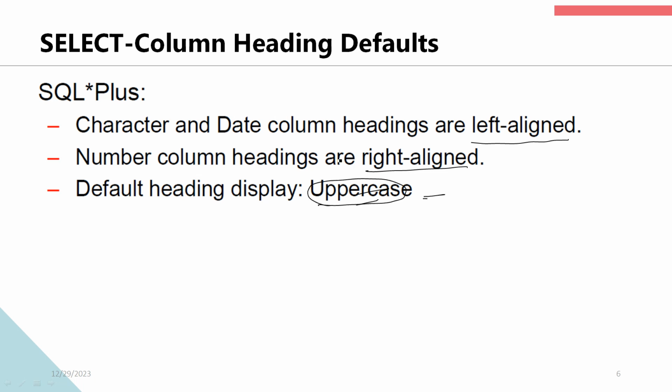You can change this default display of the heading by making use of an alias name. We will see how to make use of an alias name to change the heading display. Let us proceed further to understand better about the projection capability.